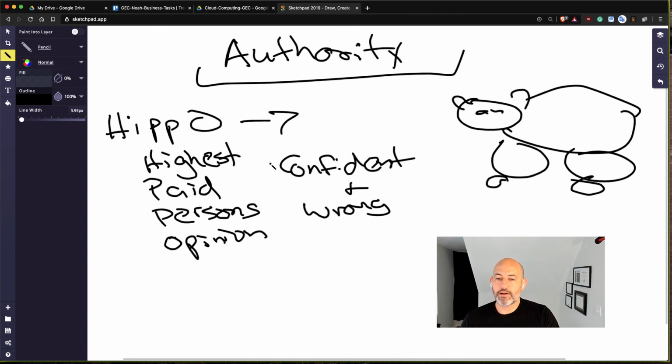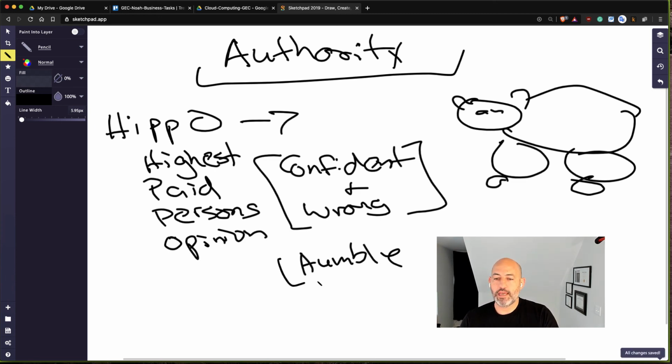What's better is to be humble and to admit that you don't know anything, and that's how you build successful software. Instead of the highest paid person in your company going to a developer, tapping them on the shoulder, hey, we need to change this feature.